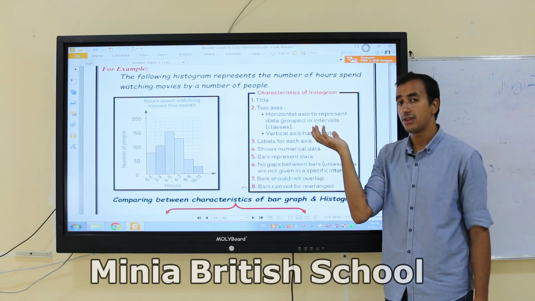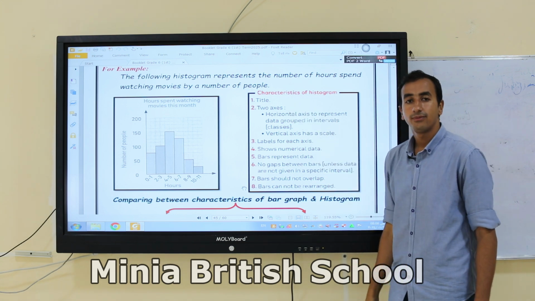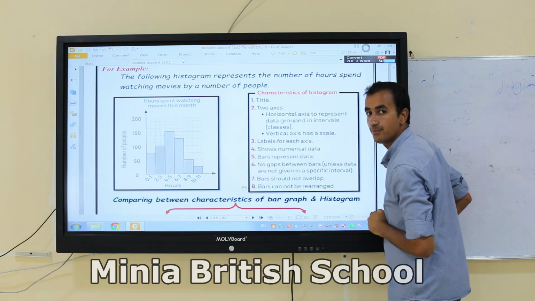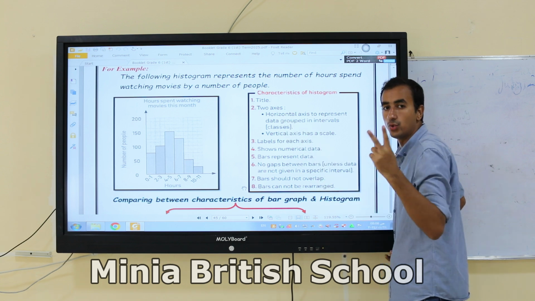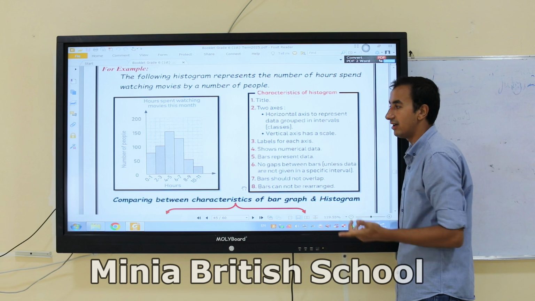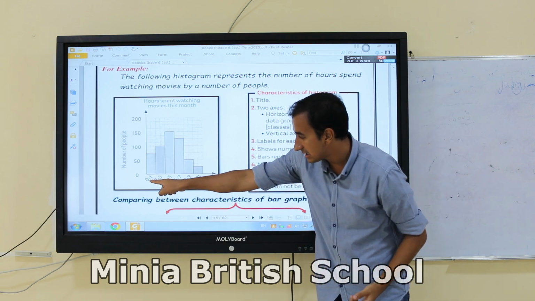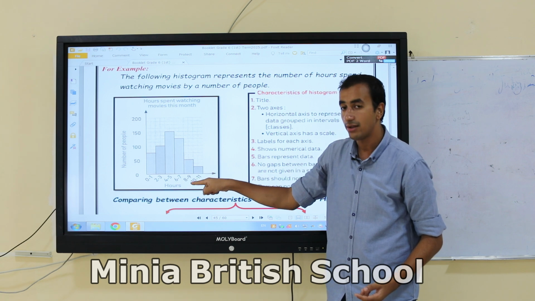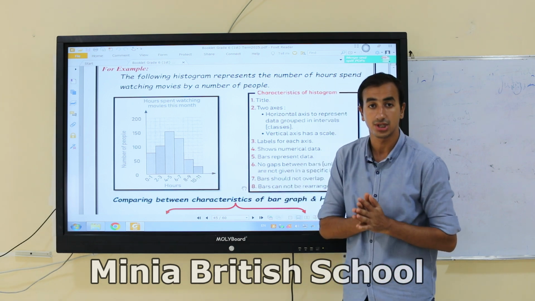So the characteristics of this histogram. First of all, a title: hours spent watching movies this month. Number 2, axes. There is a horizontal axis representing the data grouped in intervals. Look here, from 0 to 1, from 2 to 3, from 4 to 5, from 6 to 7, from 8 to 9, from 10 to 11 hours.